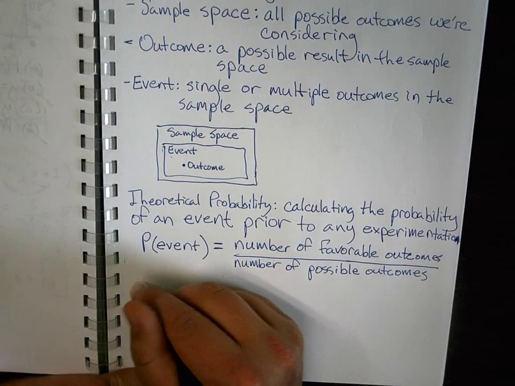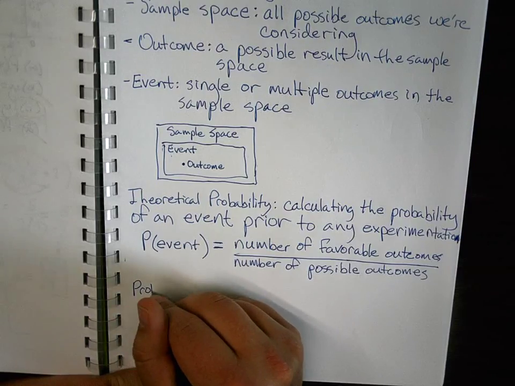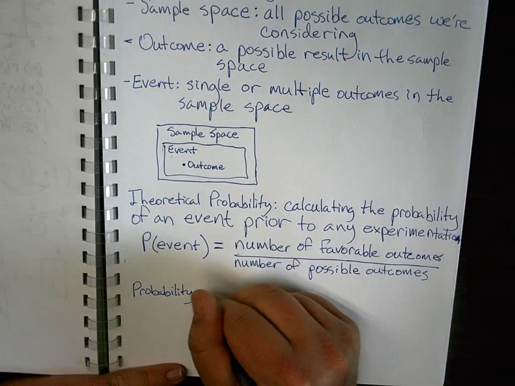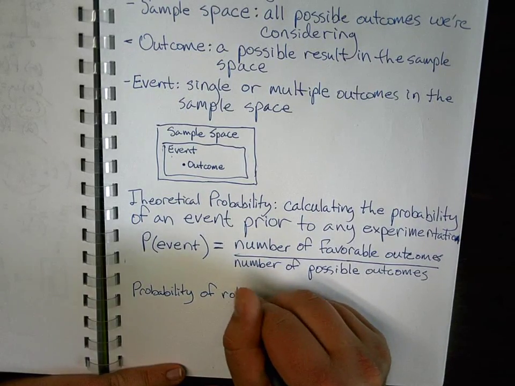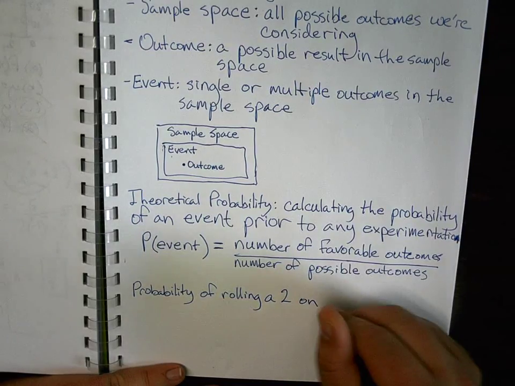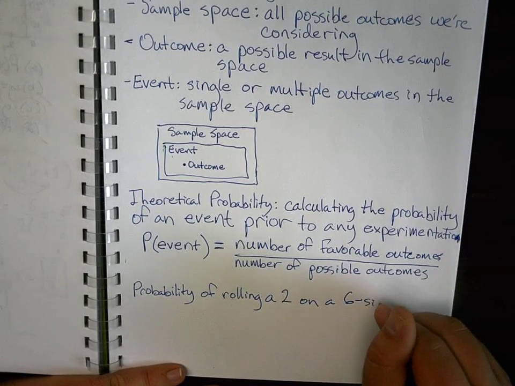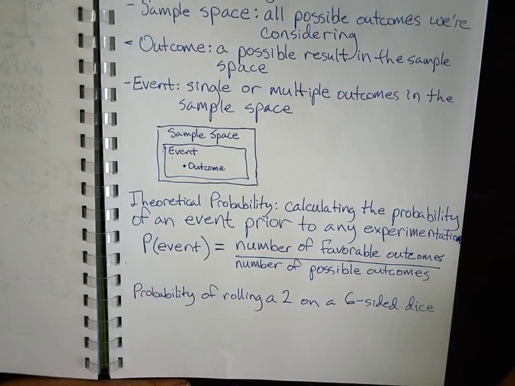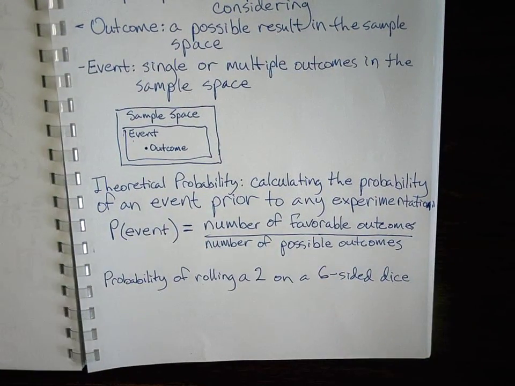So for instance, we can find the probability of rolling a 2 on a six-sided die.